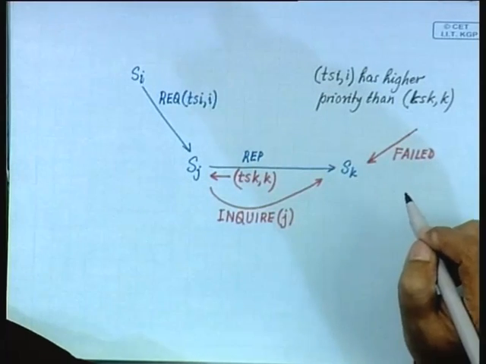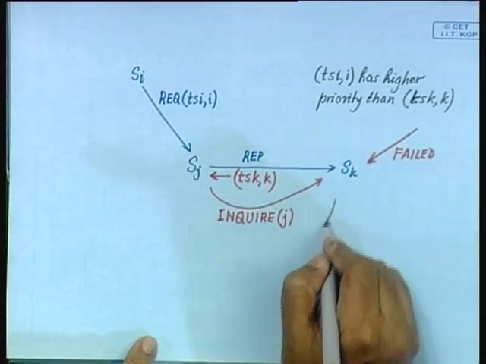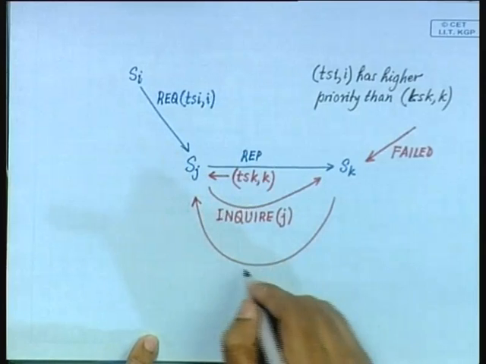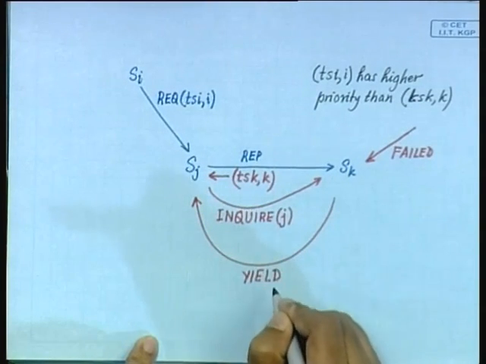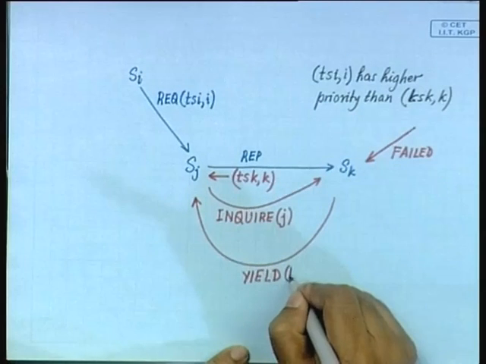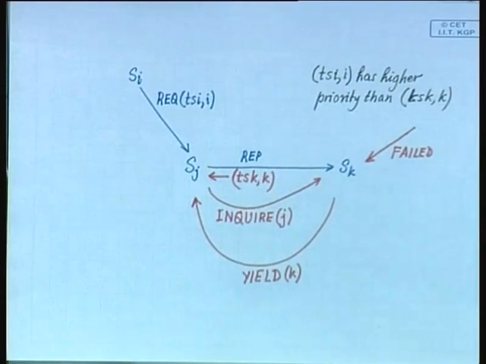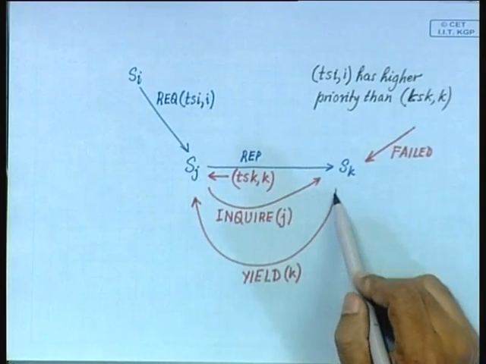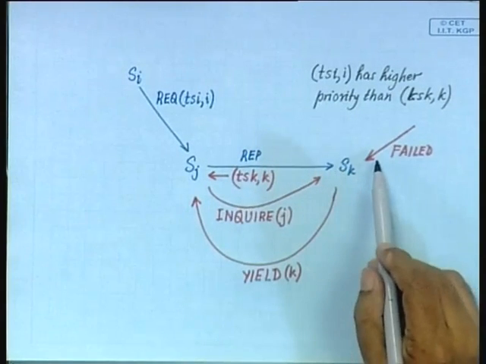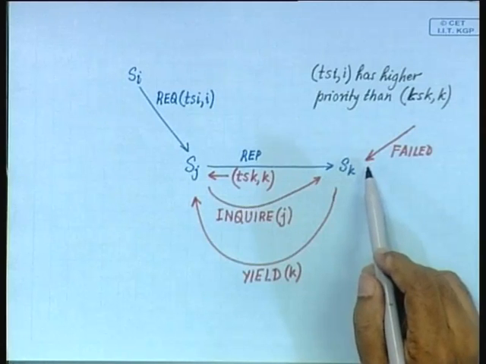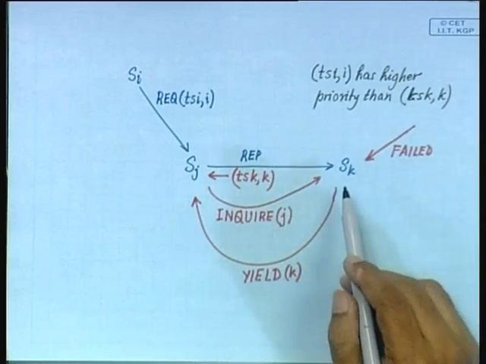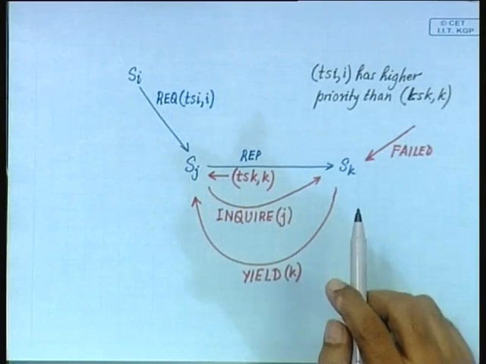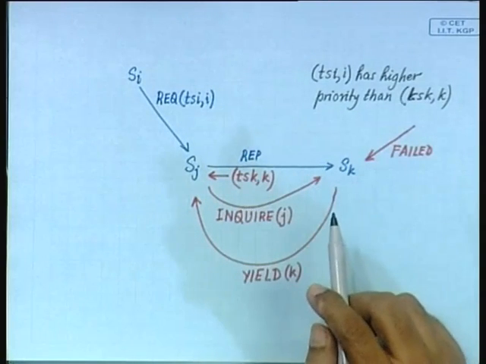If that has happened, then what Sk will do is it will send a yield message, which is an indicator that look, I cannot enter the critical section now because I have got a failed message from somebody. So, I am releasing you, but my request remains because I could not enter critical section.